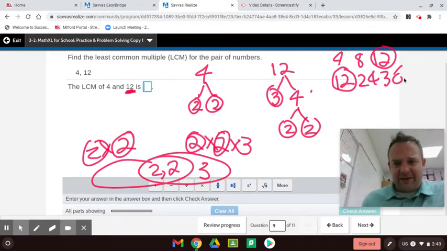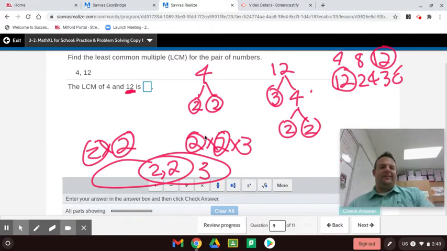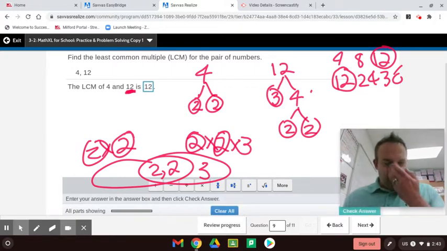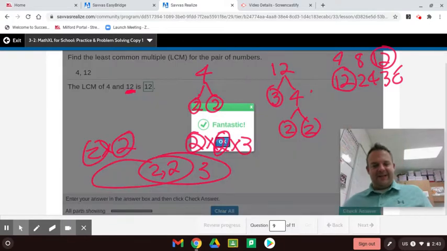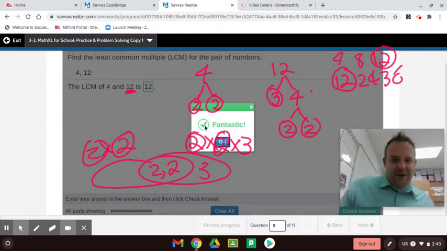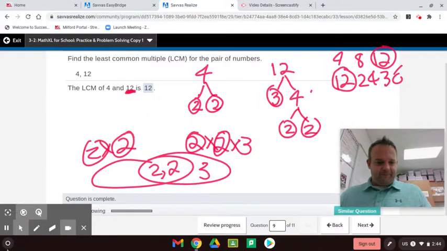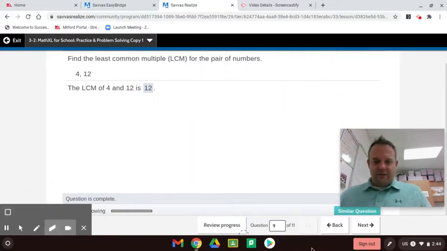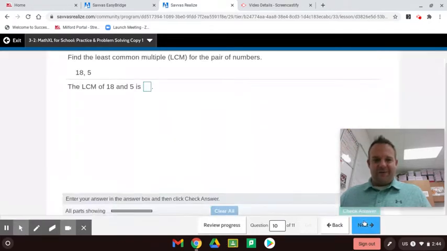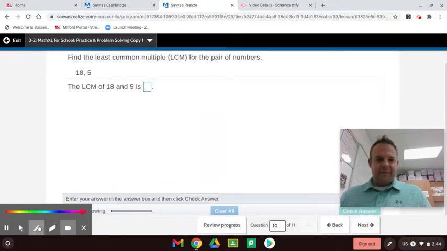The list method is probably the easier way to do it here, and if you're dealing with larger numbers, the prime factorization method is the better, more efficient way. The list method just takes forever with some numbers, and that's why we do the prime factorization way.